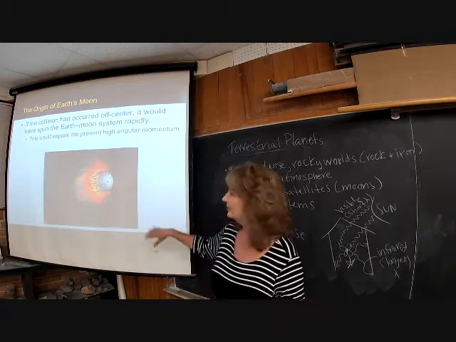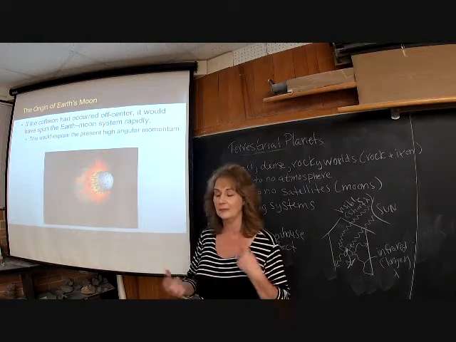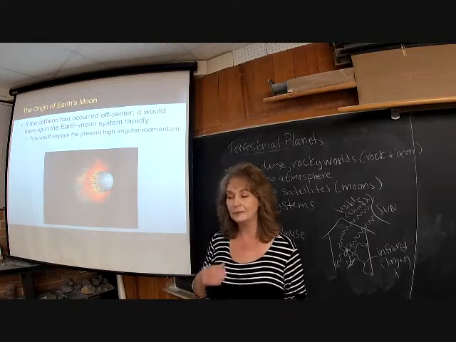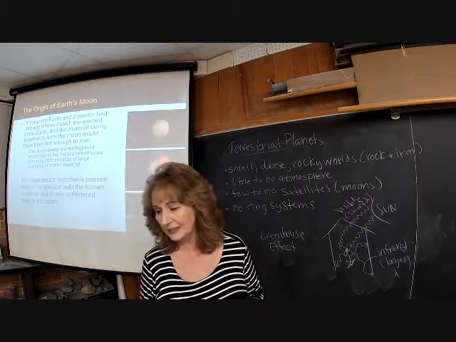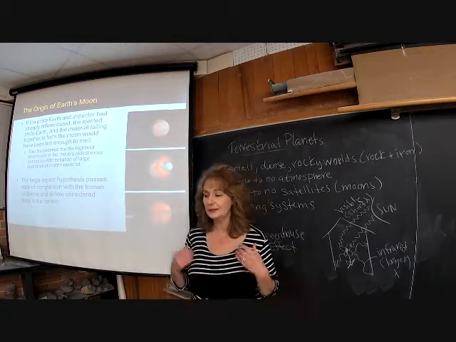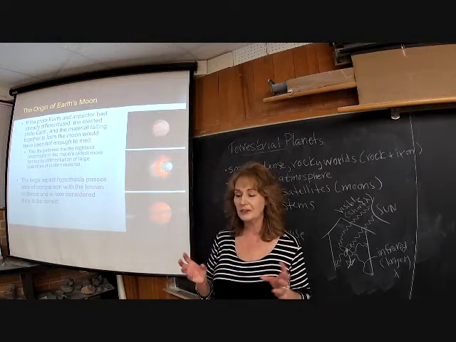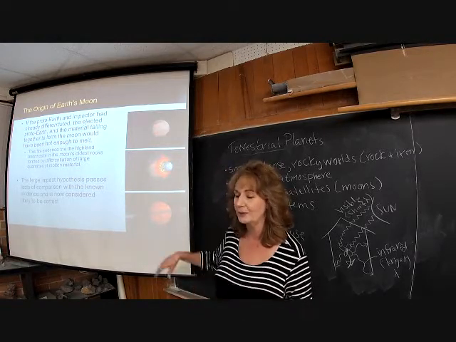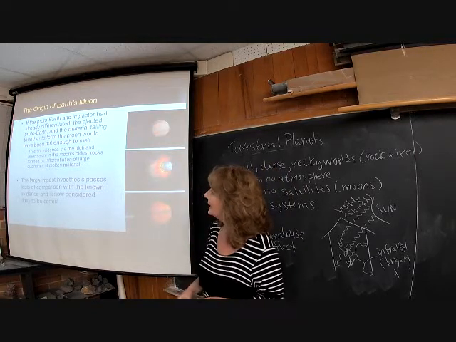So the collision occurred off-center, spun the moon and the Earth system very rapidly, creating a high angular momentum. It allowed the differentiation to happen, material falling together to form the moon would have been hot enough to melt, right? It would have melted it.